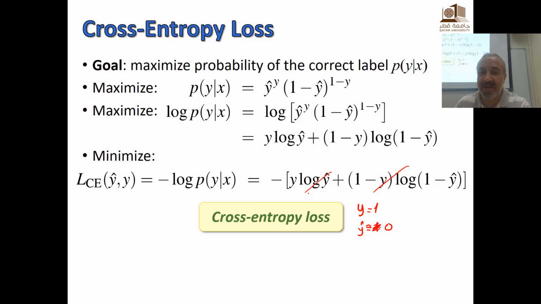So this one is minus infinity. And y is 1, so 1 times minus infinity is minus infinity. And there's a minus outside. So the loss will be infinity. That's the worst loss possible.